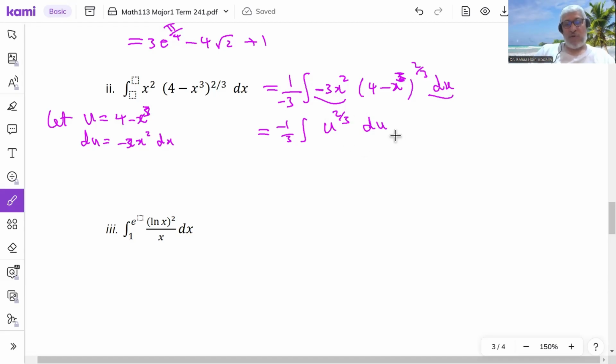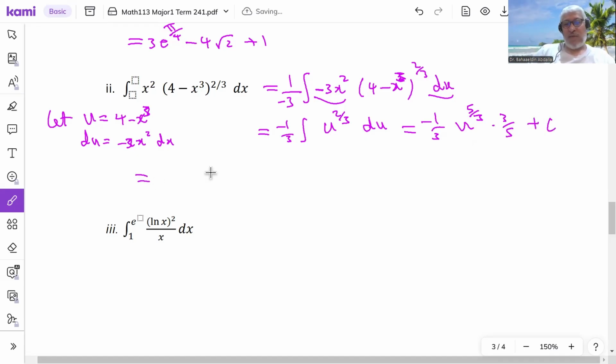So I changed the integral from integral in x to an integral in u. It's much easier because I have a formula to find the integral of u to power n. The integral is negative 1 over 3 is a constant, u to the power 2 over 3 plus 1. So you add 1. 2 over 3 plus 1 would be 5 over 3. You have to divide by 5 over 3 or multiply by 3 over 5, plus c.